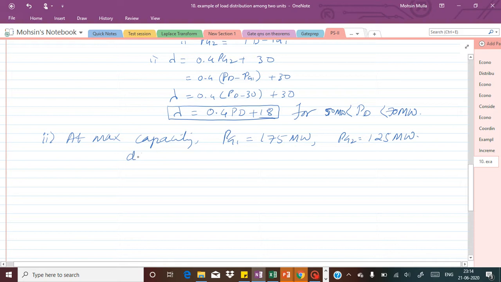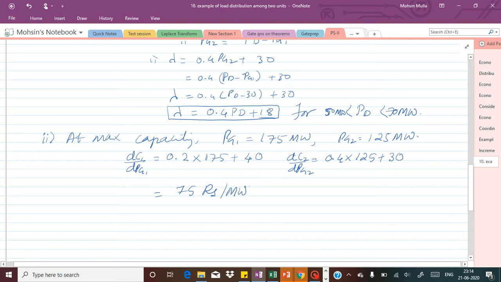Substituting in their corresponding equations, dC1 by dPg1 is 0.2 times 175 plus 40, and dC2 by dPg2 is 0.4 into 125 plus 30. So here it is going to be 35 plus 40, which is 75 rupees per megawatt hour, and here it is 50 plus 30, which is 80.